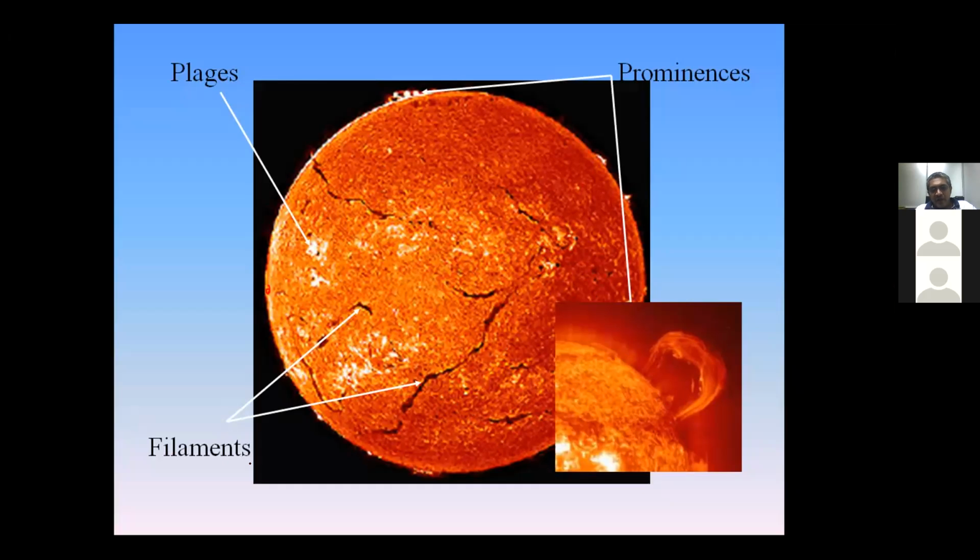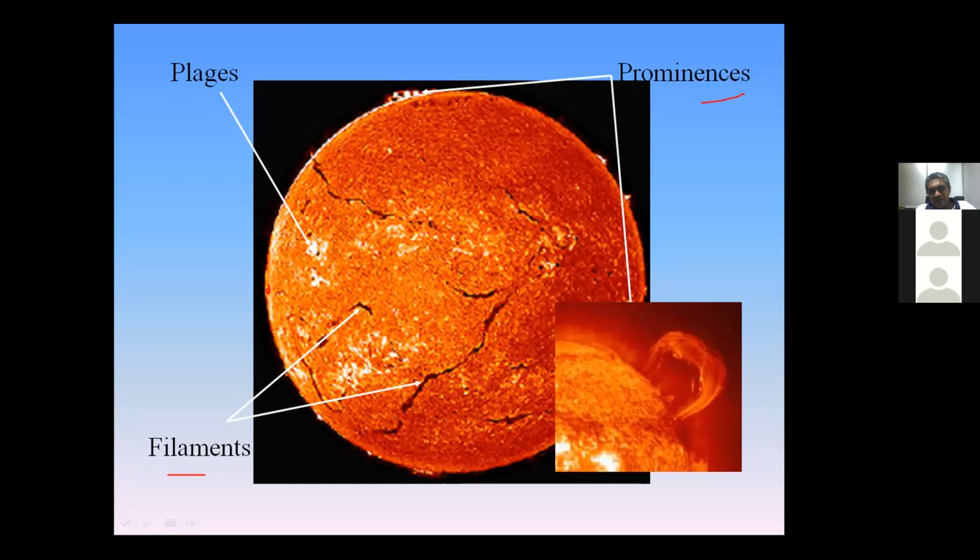Actually, the filaments and the prominences are not different. They are the same. It is the way you look at it. When we look at this angle, that means directly at the solar disk, we don't see the depth of it.